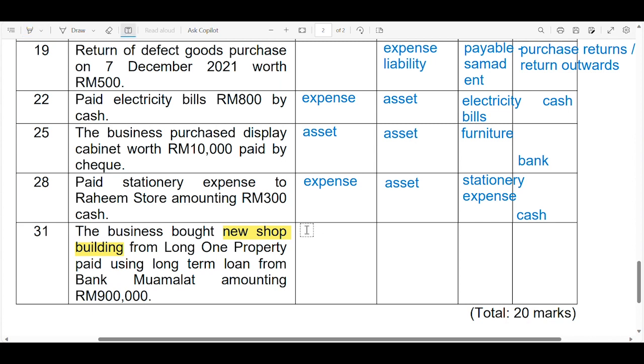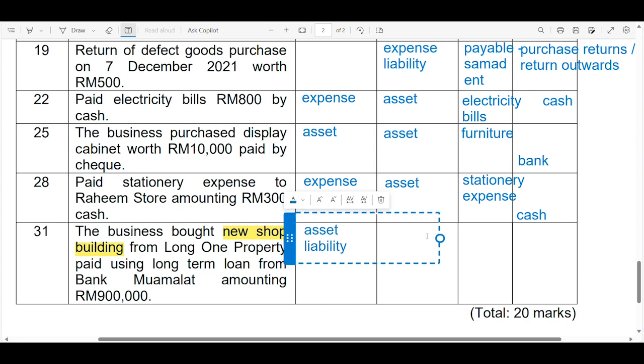Shop building is an economic resource used by the business for business administration or maybe for the production of goods or services, and it is to be used for more than 1 accounting period. So this fits the definition of an asset. Because the purchase of the asset is using long-term loan, there is also an increase in the liability.